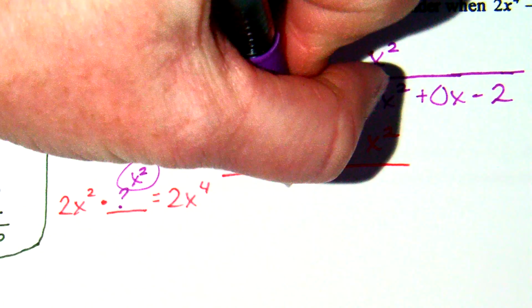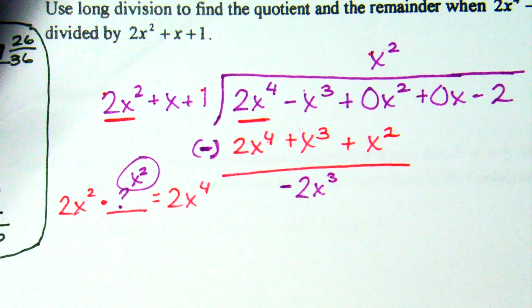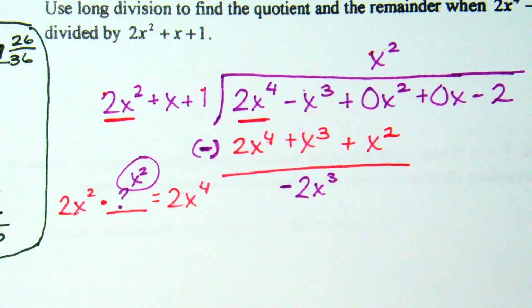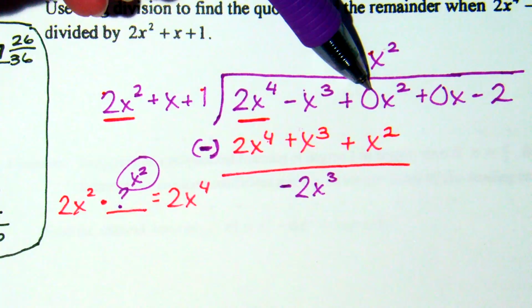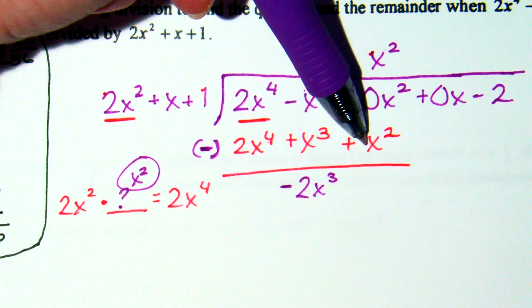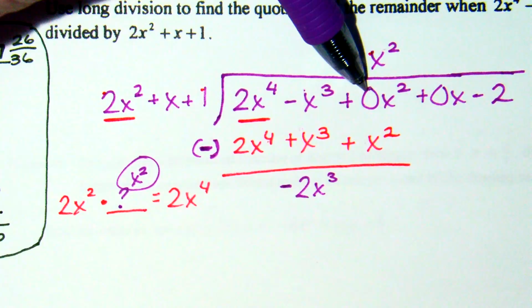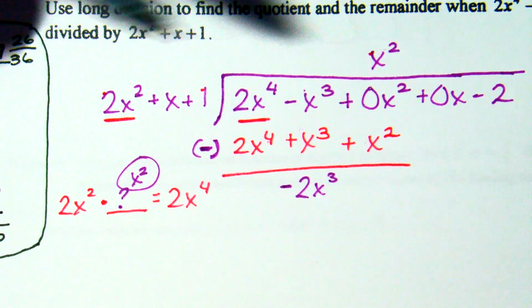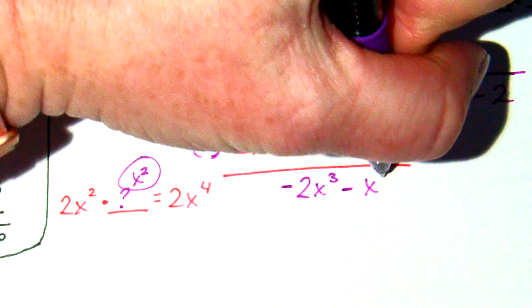Yep. Negative 2x to the third. Always remember, we're subtracting that bottom row. And if you'd rather go through and change your signs and then add them, that works too. 0x squared minus x squared. 0 minus 1 is negative 1x squared.